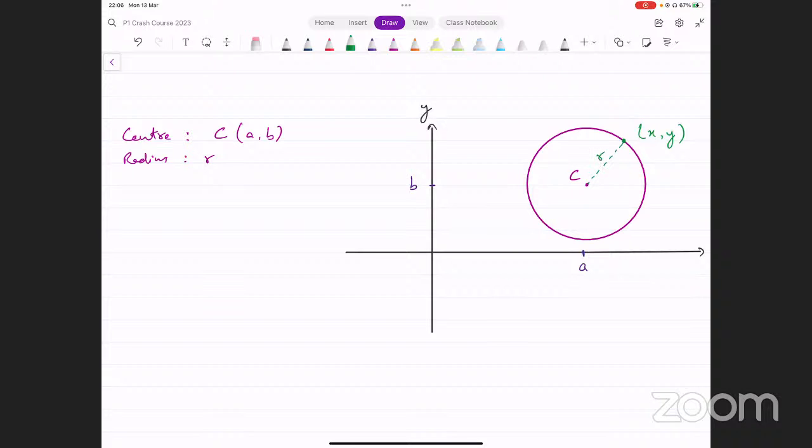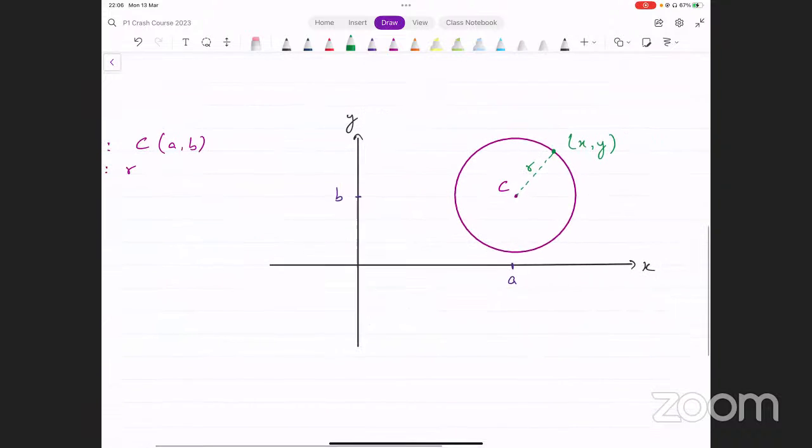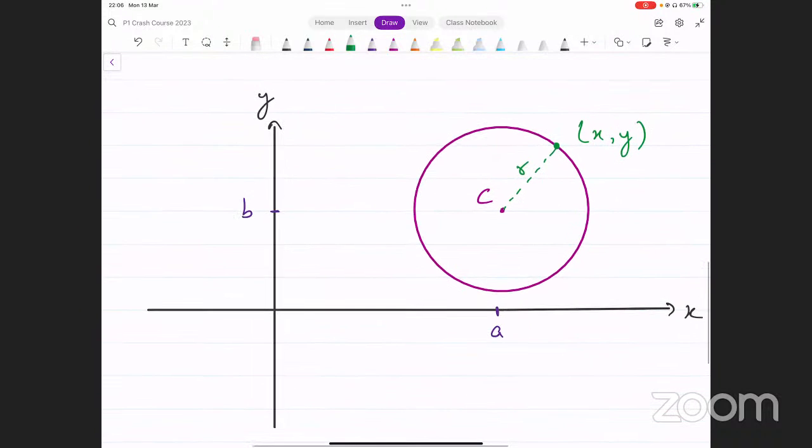If this is the radius of the circle, we could make a right angle triangle that looks like this, just like before, such that the 90 degrees is right here.